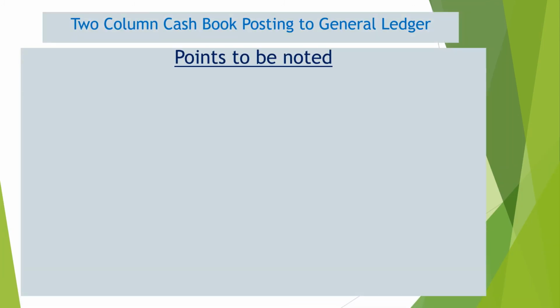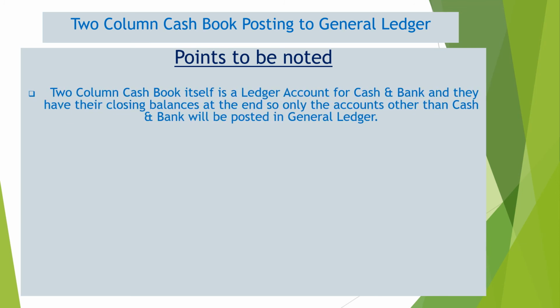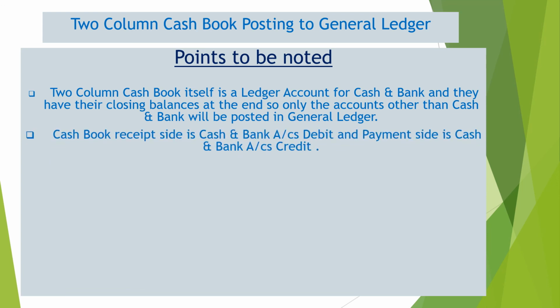Now, points to be noted here. Two-column cash book itself is a ledger account for cash and bank, and they have their closing balances at the end. So only the accounts other than cash and bank will be posted in general ledger. Cash book receipt side is cash and bank accounts debit, and payment side is cash and bank accounts credit.